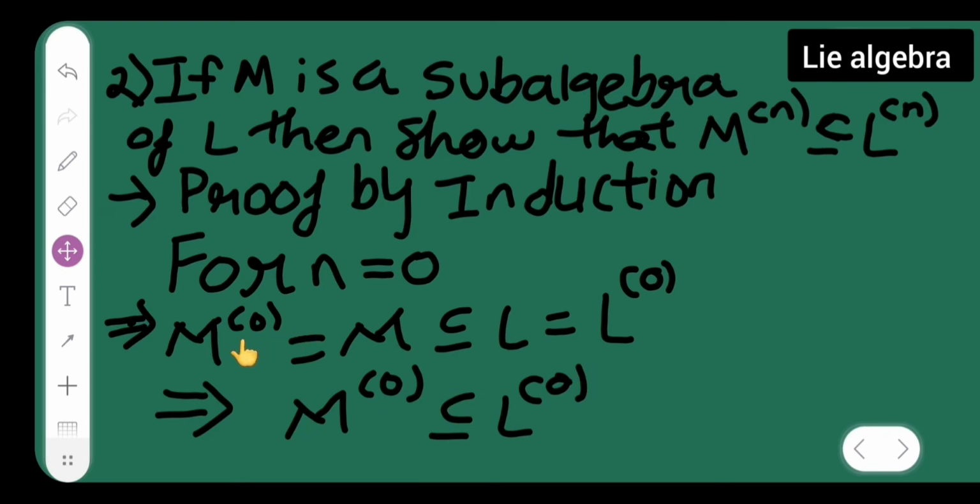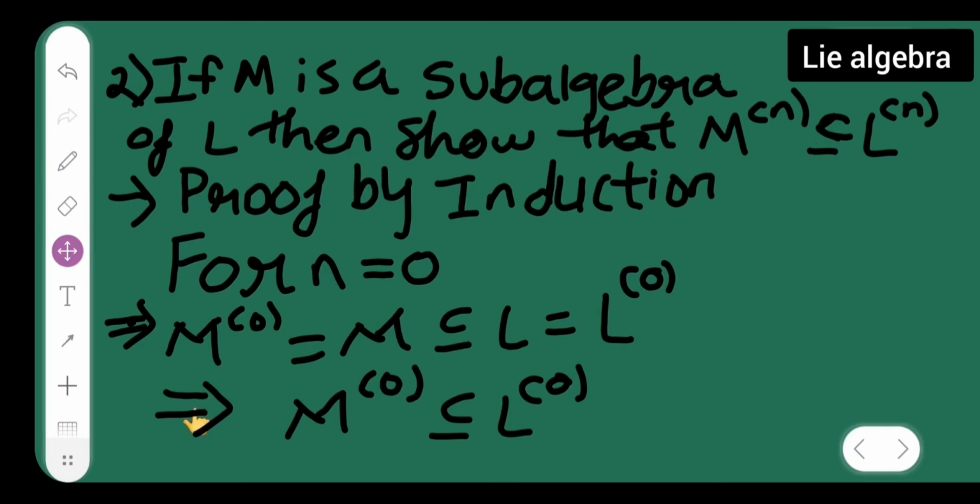Have you understood this part? Wherever there is n, you have to replace it by 0, and this is nothing but M, which is a subset of L, which is nothing but equal to L to the power 0. Why is it L to the power 0? Because L to the power 0 is nothing but L, right? And this subset is because of this.